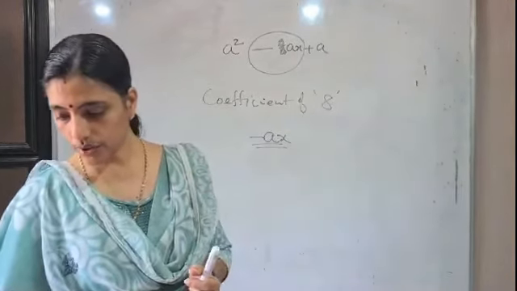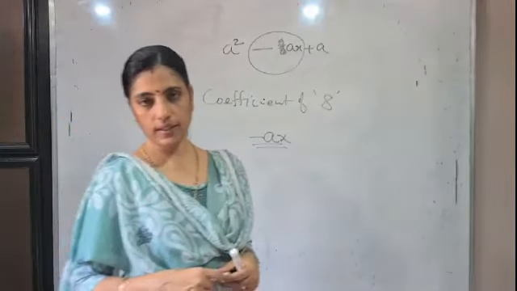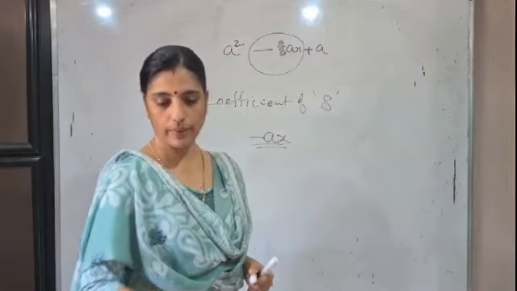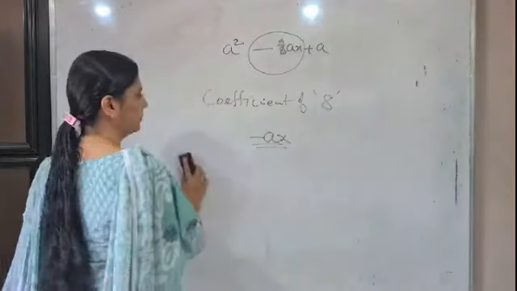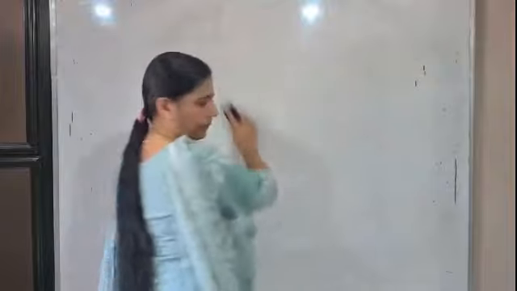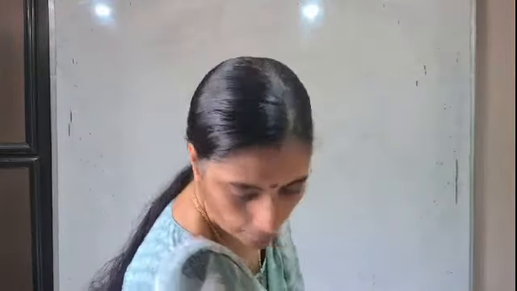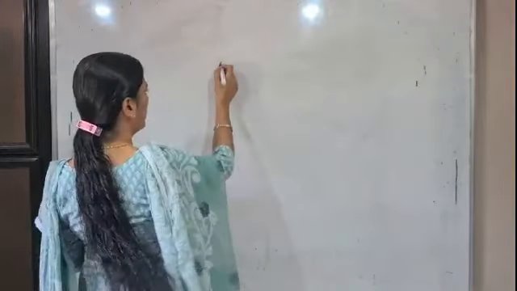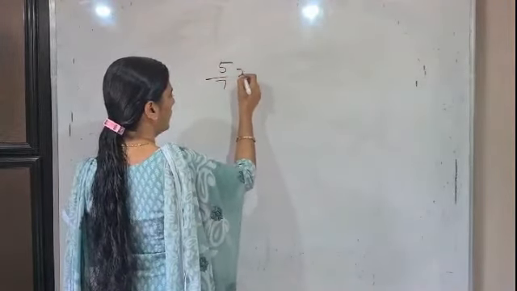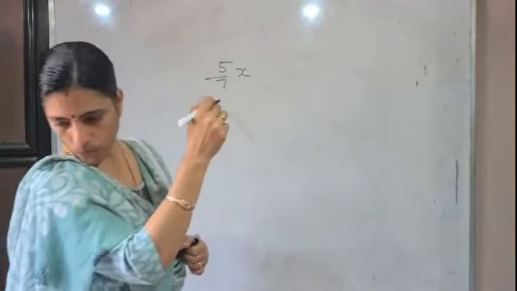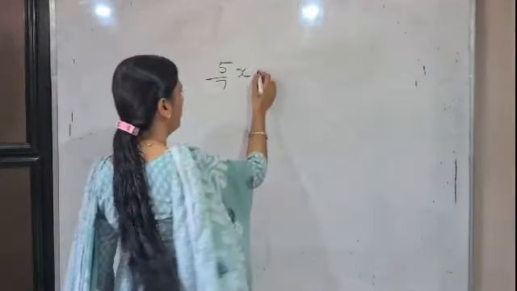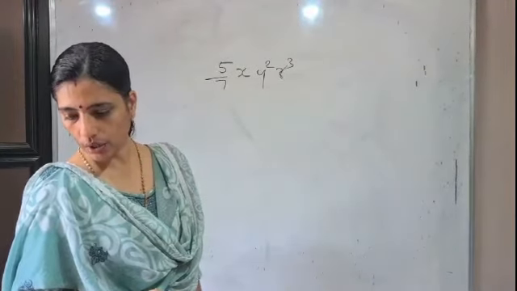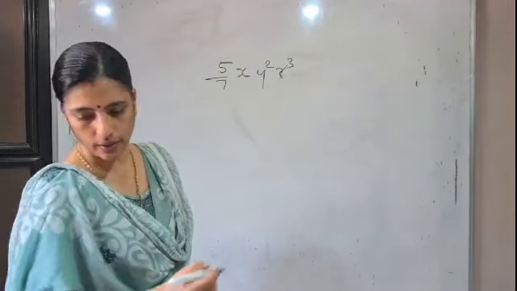Question number 6, 10th subdivision. What is the question? In 5 by 7 x y square z cubed, what is the coefficient of yz square?